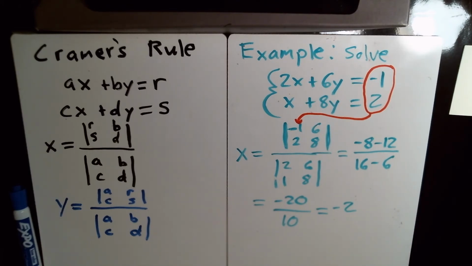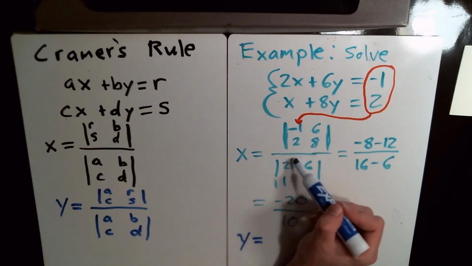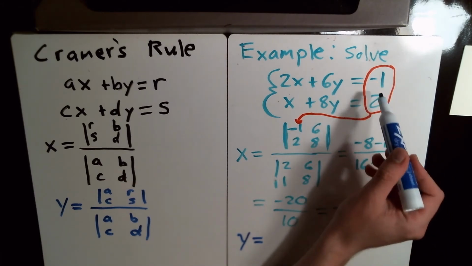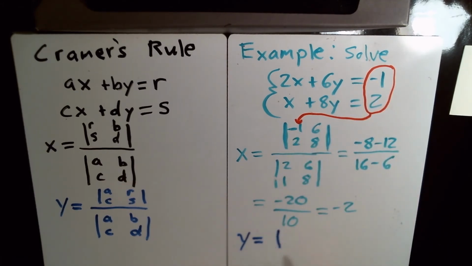So we were able to use Cramer's rule to solve for x. And I can similarly solve for y. It's a very similar process, but instead of replacing the first column with the numbers over here, I replace the second column. So we're going to have two determinants. The bottom stays the same, so 2, 6, 1, 8.